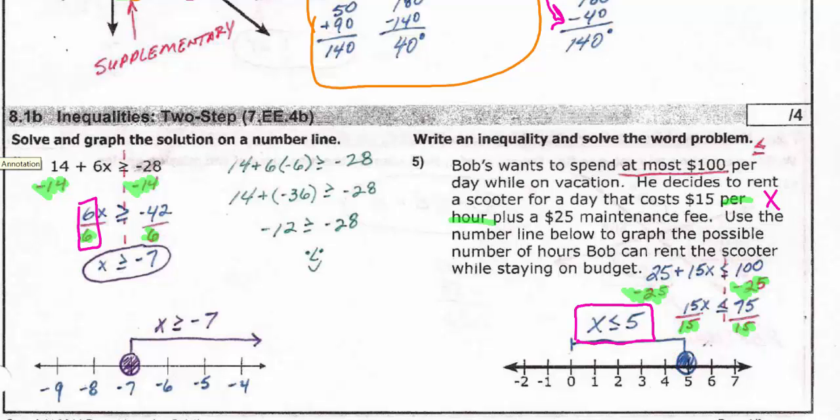If you took your number line arrow and kept going all the way, I didn't take off points for it, but to be the most exact, we want to remember that Bob's not going to rent for negative hours. Bob won't even rent for 0 hours. Bob doesn't have money to throw away. He doesn't walk in and go, hey, I want to rent a scooter for no hours. Here's $25 for my maintenance fee. Nope. So Bob's going to have something between 5 hours and 0 hours.